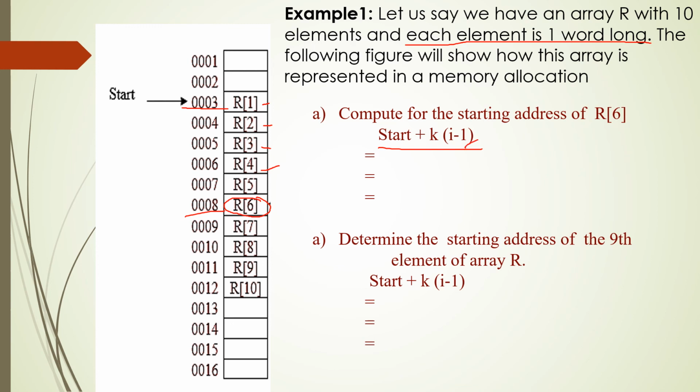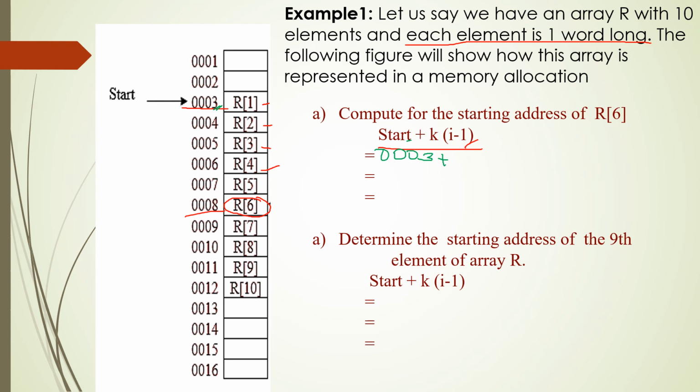Okay, so what's the value of start? Start is the starting address of the first element. So the starting address of the first element is 0003, plus, what is k? K is the size of each element.